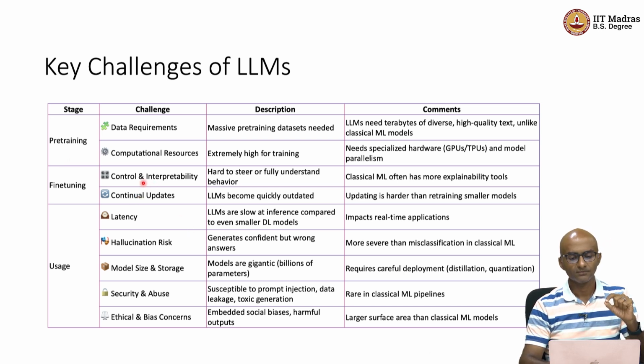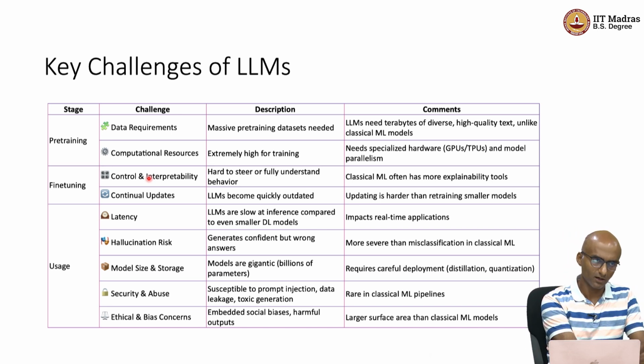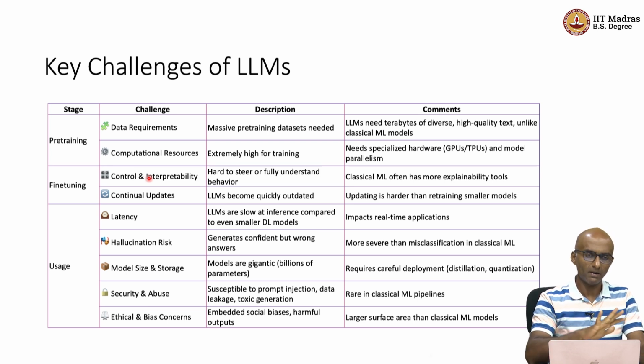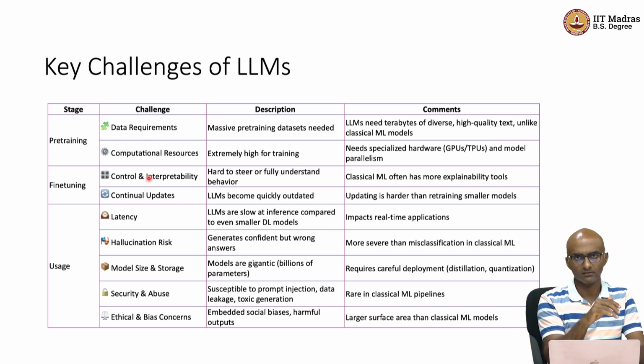The first is control and interpretability, which means that for fine-tuned models, how do I control for the specific outputs that it needs to produce while not losing the power that it inherently possesses to work on variations of those problem statements, like the transferability to other similar tasks with zero shot or few shot guidance.